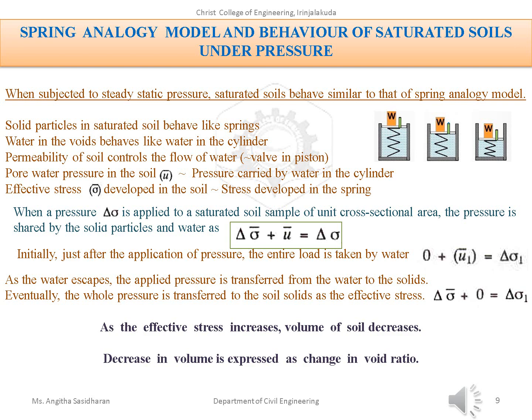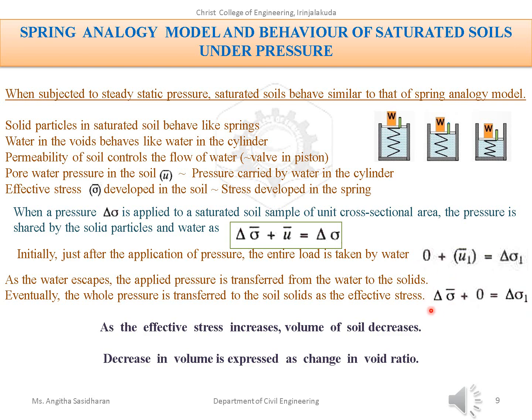And then as the water escapes, what happens? The applied pressure is transferred from the water to the solids. The soil particles will start sharing the load. Eventually the whole pressure is transferred to the soil solids as the effective stress. So initially this will be the condition, and finally what happens?